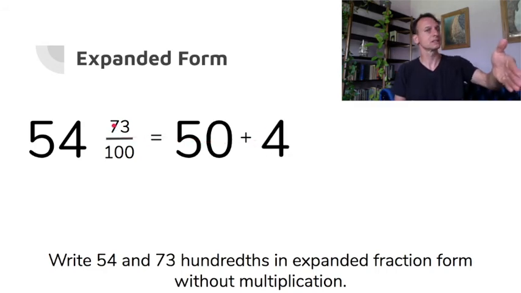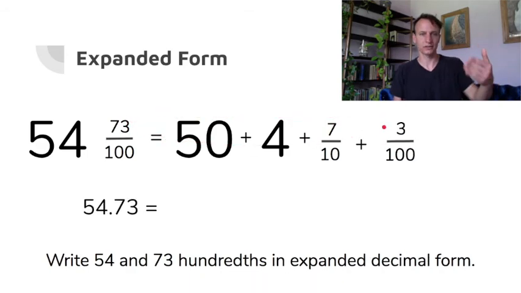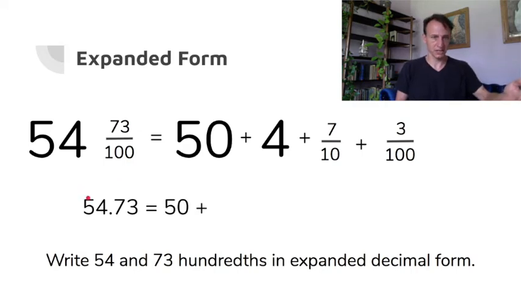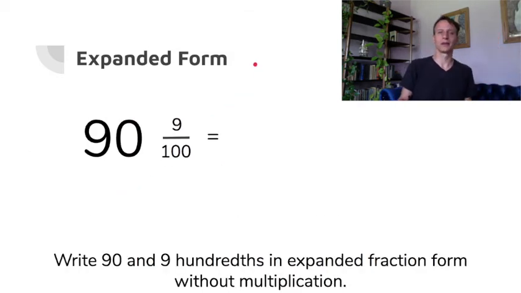We have 7 what? 7 tenths. We could call it 70 hundredths, but it is 7 tenths. And then we have 3 hundredths. Great. And in decimal expanded form, same thing. 50 plus 4 plus 7 in the tenths place, 3 in the hundredths place. There we go.